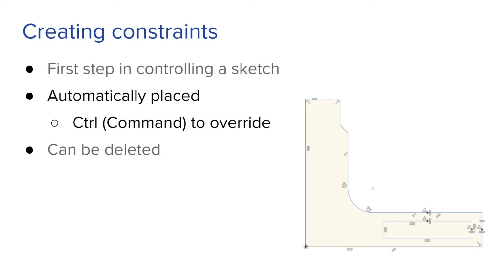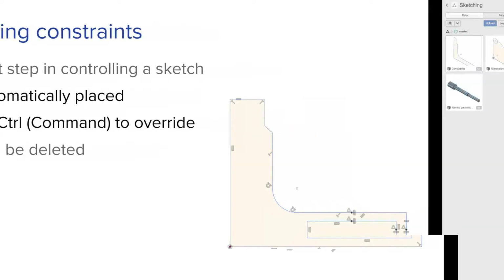So even as you're sketching, when Fusion is trying to automatically apply constraints, you can go ahead and let those happen and always go back and switch them out. It's one of the keys to remaining quick and flexible in the tool: sometimes let it go ahead and do its thing and then come back and make modifications after the fact.